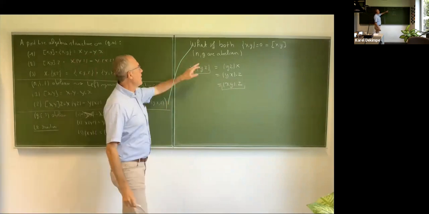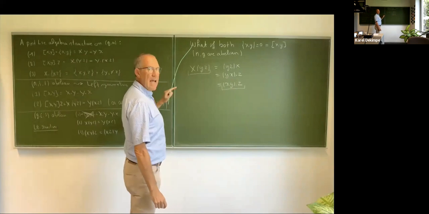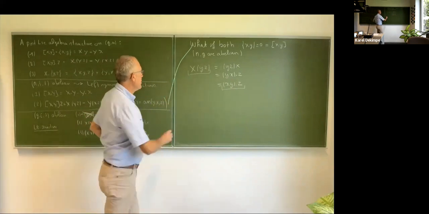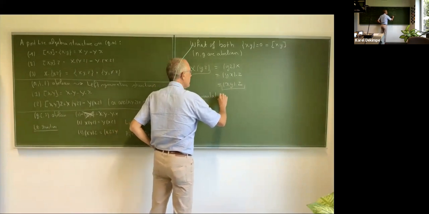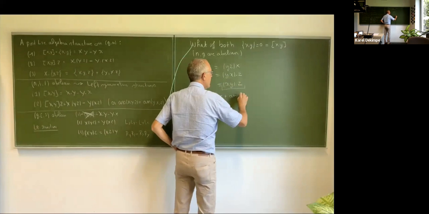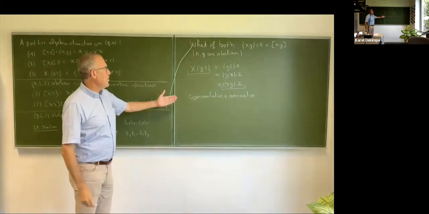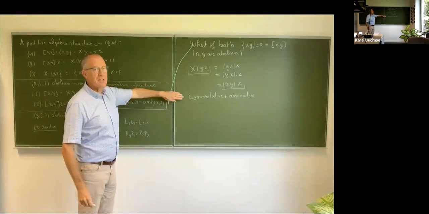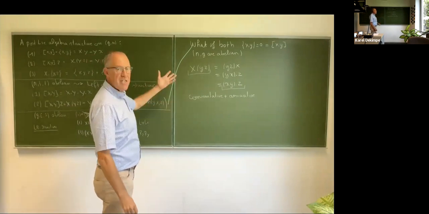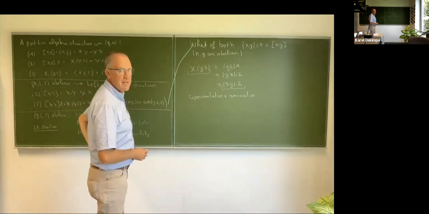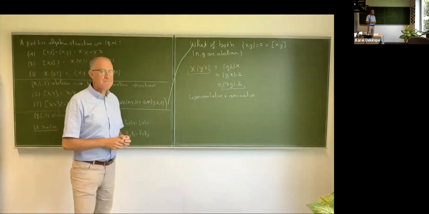So if both N and G are abelian, I get an algebra that has to be commutative plus associative. And actually the converse also holds. If you have a commutative and associative product, then you have a Post Lie algebra product on the pair G, N when both G and N are abelian. So this is a small exercise to show what happens in this special case.